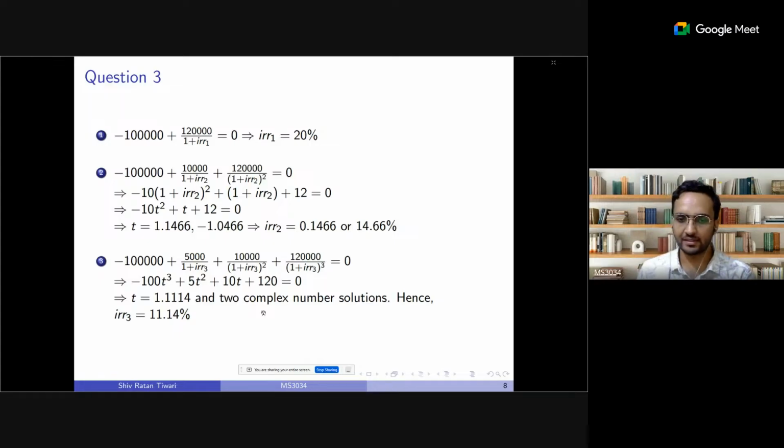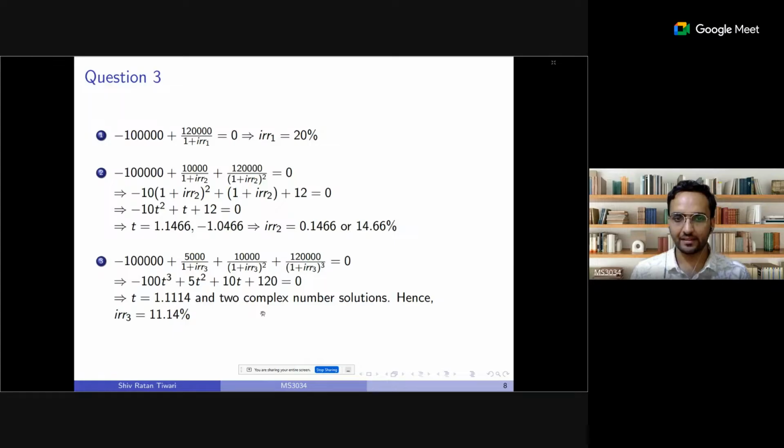So we reject the complex numbers and finally get the IRR. We observe that to compute the IRR, in mathematical form, we have to solve some form of polynomial equation.